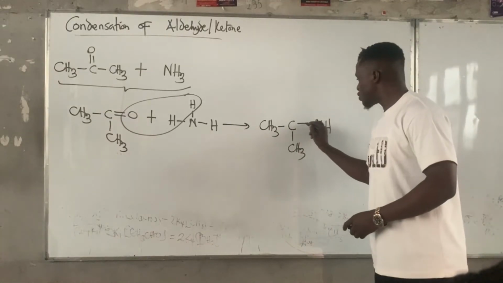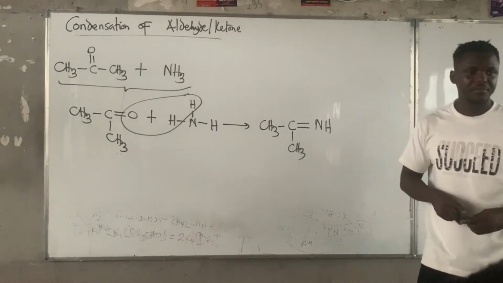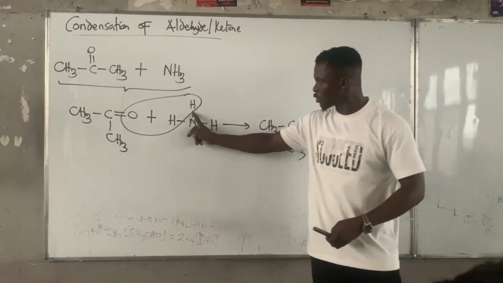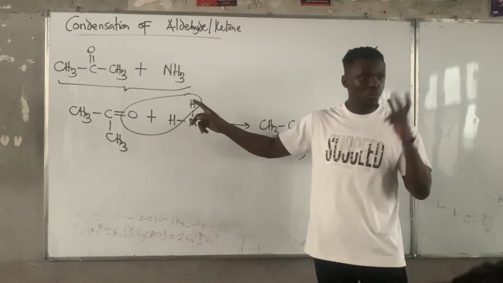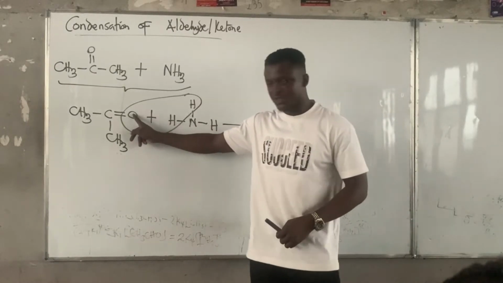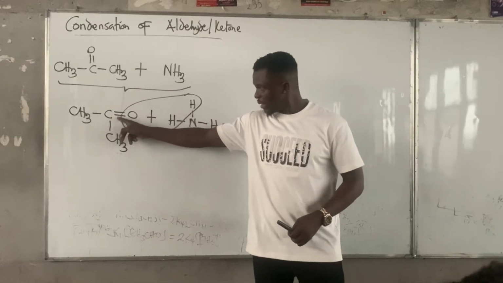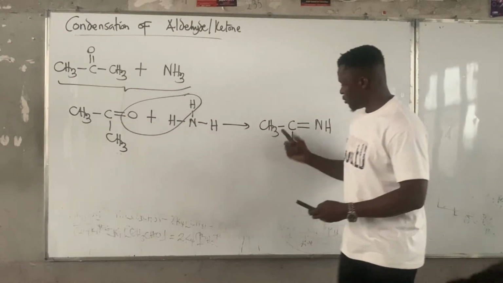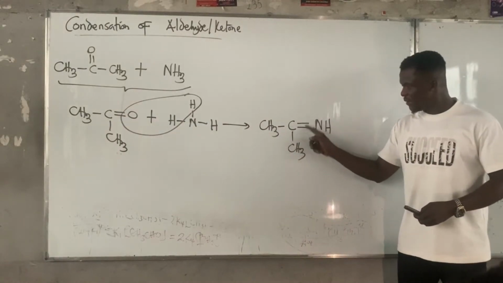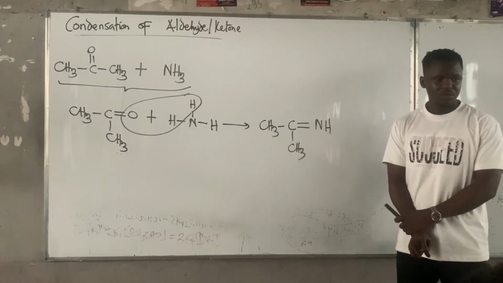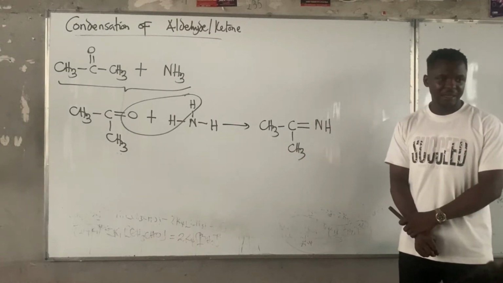Now you have to use a double bond to join this, because this has lost 2 hydrogen, which is 2 bonds, and this has lost oxygen, which was holding 2 bonds. So you have to join this with this using the double bond. So this becomes the product.